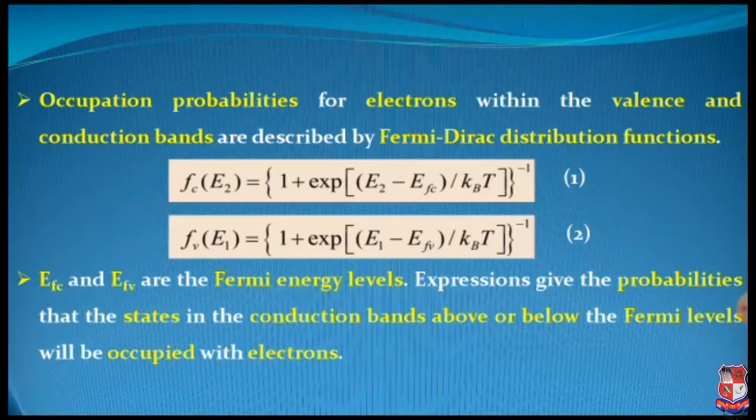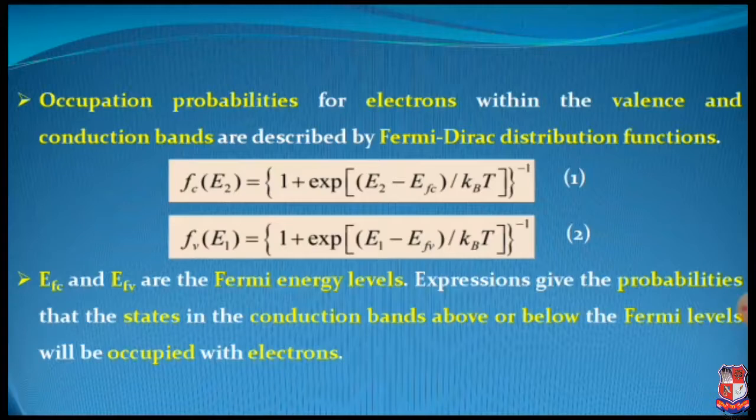The FC stands for conduction band, E2 is the energy of the higher state, that is the conduction band, and it is equal to [1 plus exp((E2 minus EFC) divided by kBT)] inverse. Here kB is the Boltzmann constant and T is the absolute temperature in Kelvin.